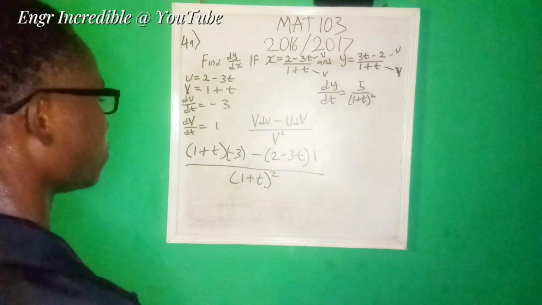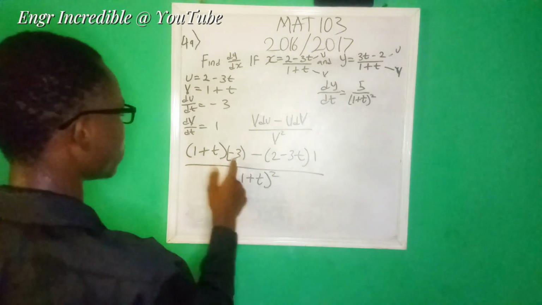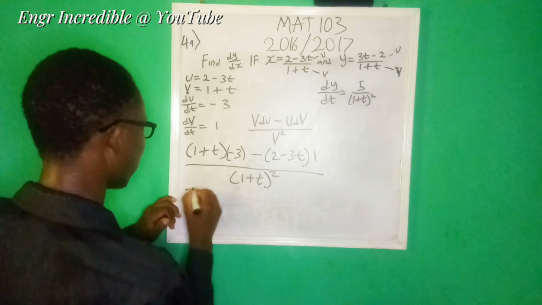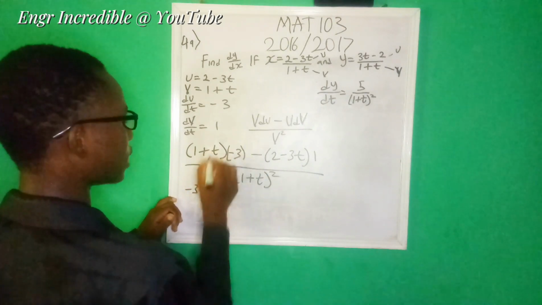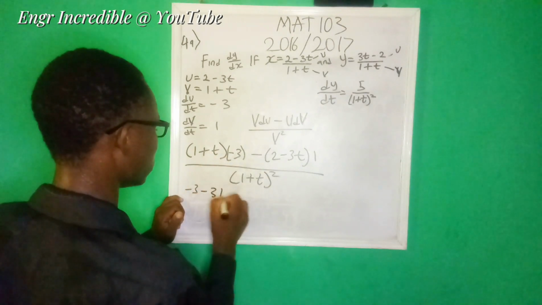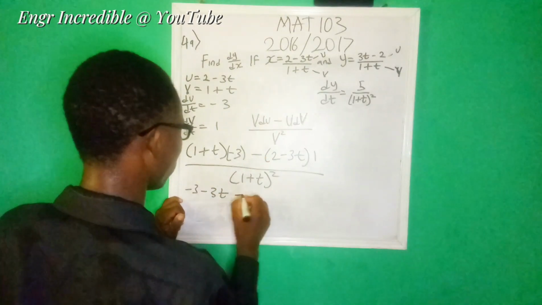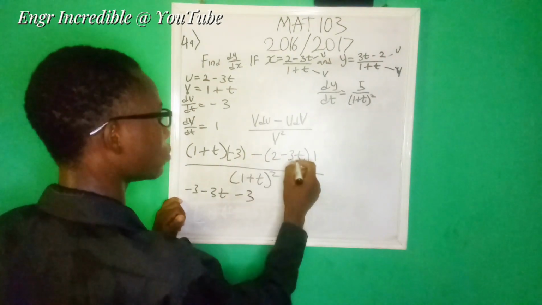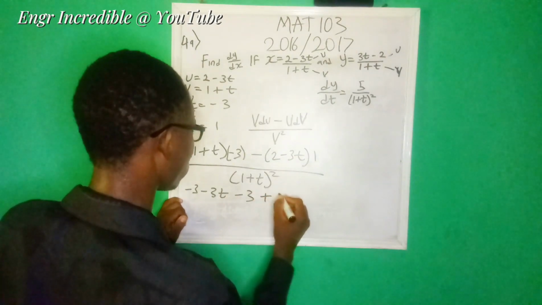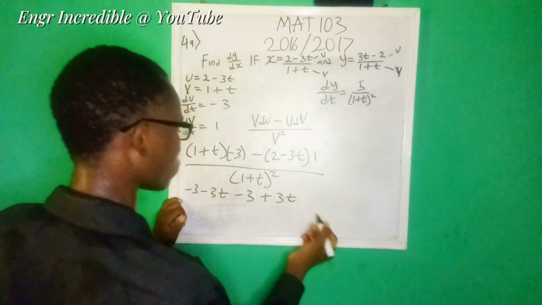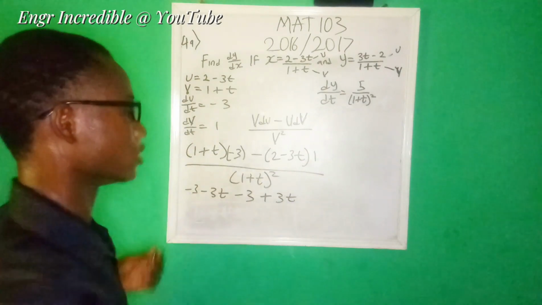So from here we can simplify it. 3 times minus 3 times 1, we have minus 3 plus minus 3 times t, minus 3t. Then minus times 2, we have minus 2. Then minus times minus 3t, we have plus 3t. Because 1 multiplied by everything is still 1.